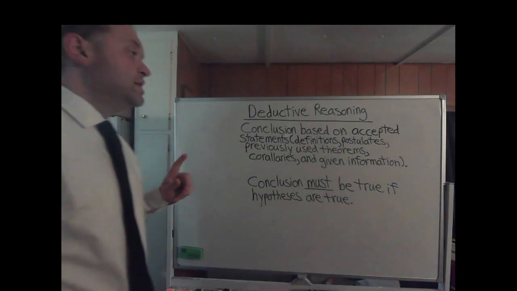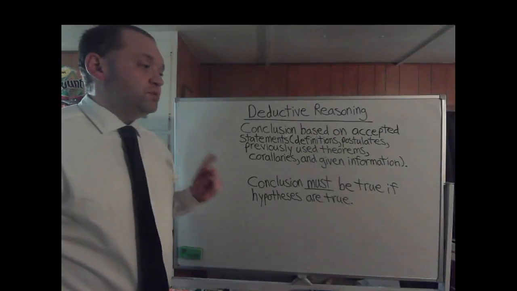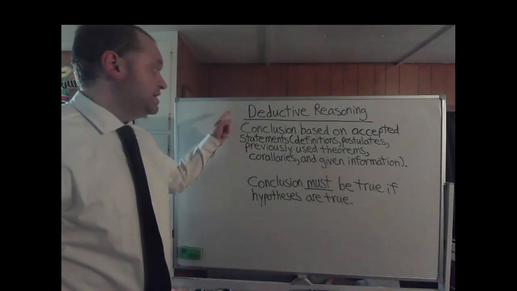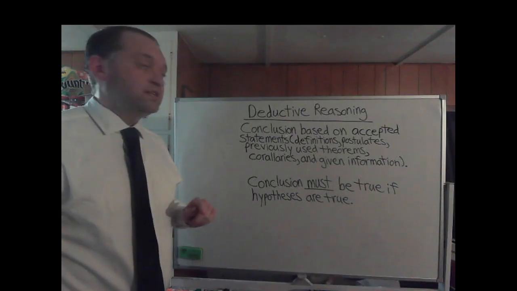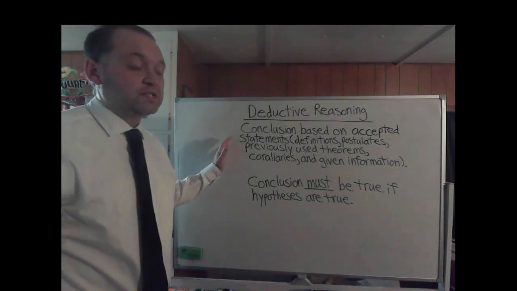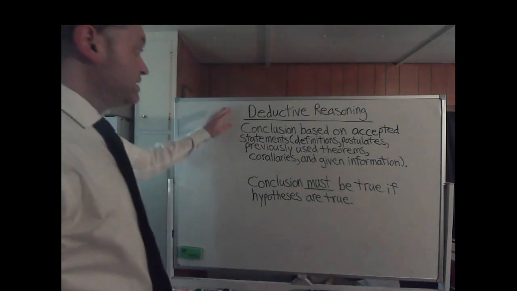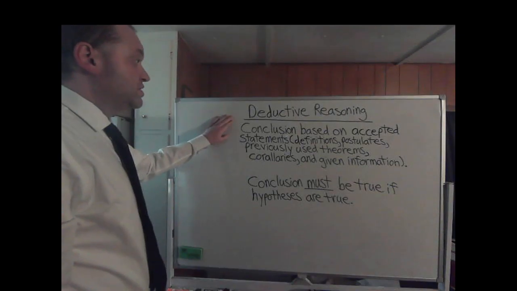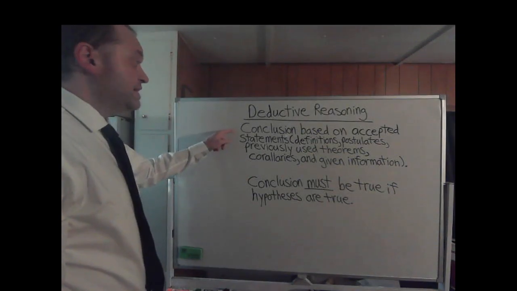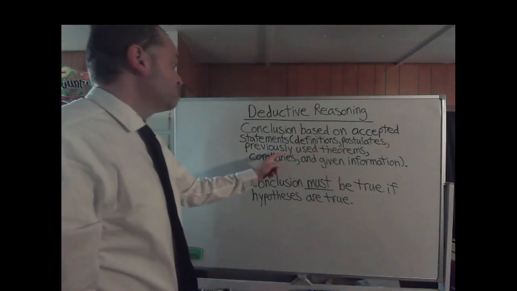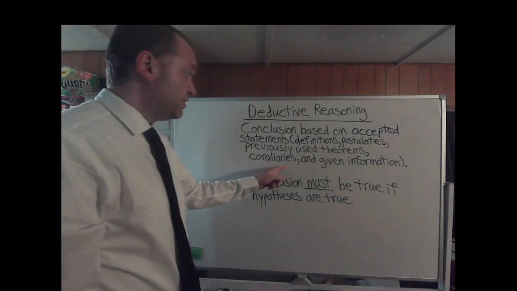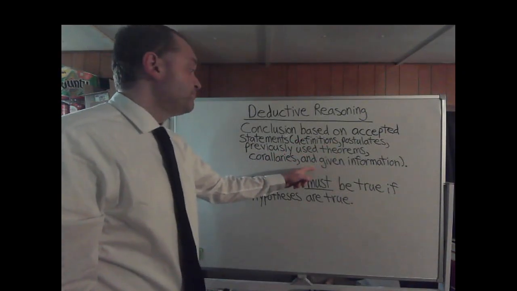In mathematics, the two types of reasoning used are deductive reasoning, which we have here, and then inductive reasoning, which I'll talk about after this. But deductive reasoning is where a conclusion is based on accepted statements, such as definitions, postulates, previously used theorems, corollaries, and given information.